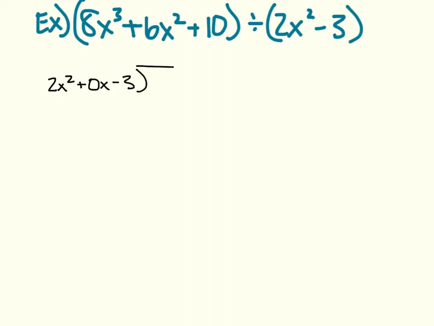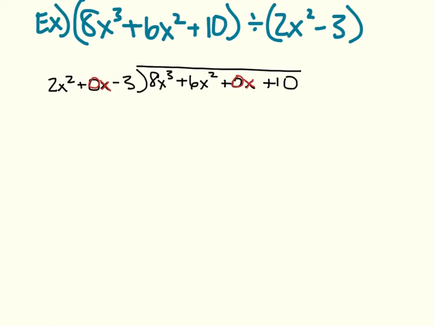And then go into this. I have 8x cubed plus 6x squared. How many x's are here? 0 x's again. Plus 10. So it's very important that you have these zeros. You need placeholders or else things won't line up correctly.